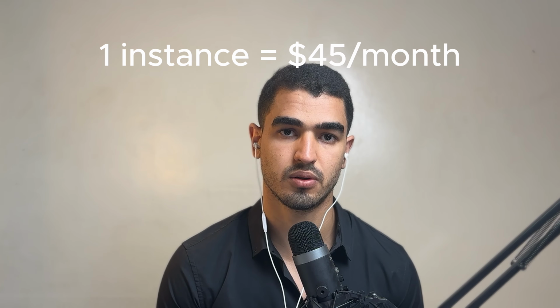Just to give you an idea about the difference, this is really a very rough estimate, but if you choose to go with server-side tracking using Google Cloud Run, a single instance will cost around $45 per month, and you need to just manage peaks in traffic. You need at least 2 instances in most cases from what I've seen. So you are looking at around $90 per month.